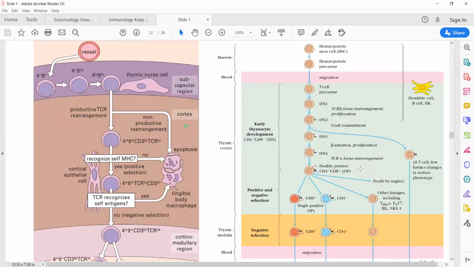They are negative for the CD25 receptor. So now these lymphocytes have migrated through the cortex into the deeper region of the cortex, where these double positive cells will now go for 2 kinds of schooling. First, a positive selection and then a negative selection.